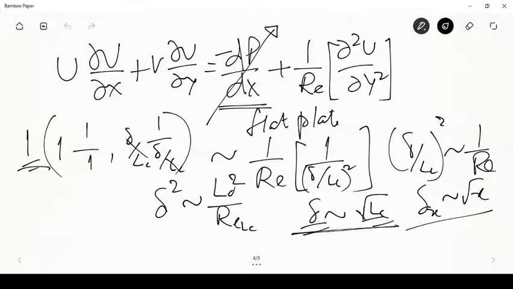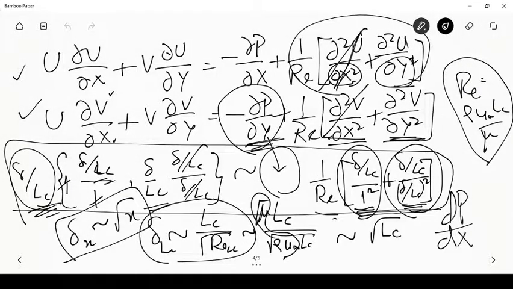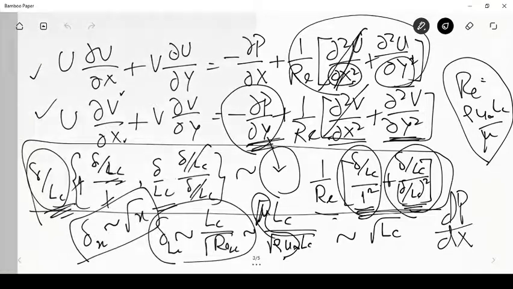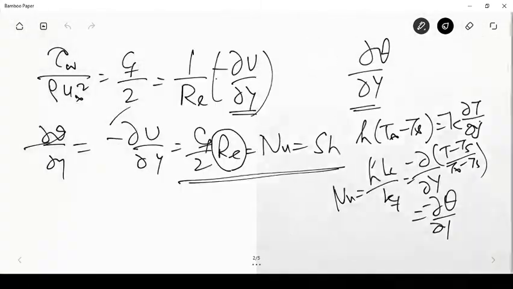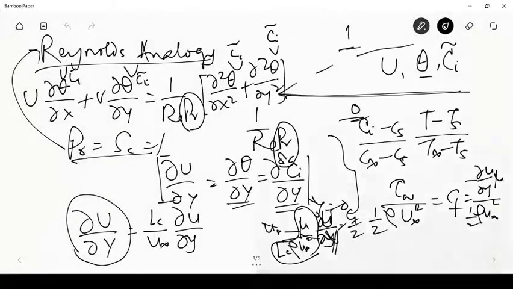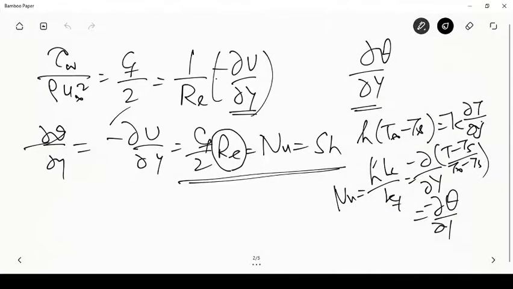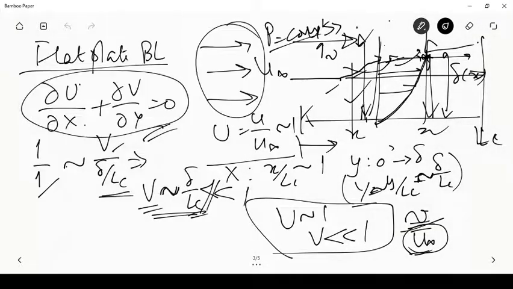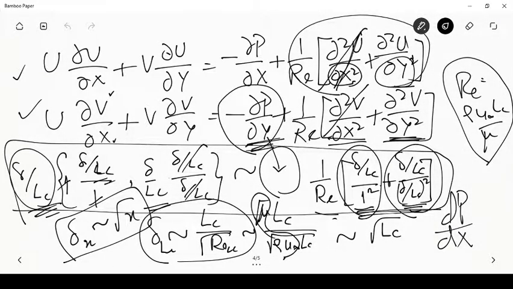And the second thing that we get from this analysis is that the second term that we write in the governing equation, del squared u by del y squared on the right hand side, is much bigger compared to the first term in the diffusion term, and therefore the second gradient with respect to x is neglected with reference to the second gradient term in y.